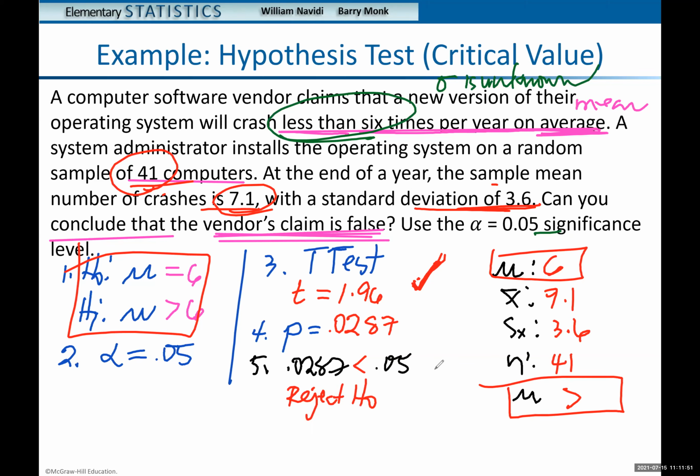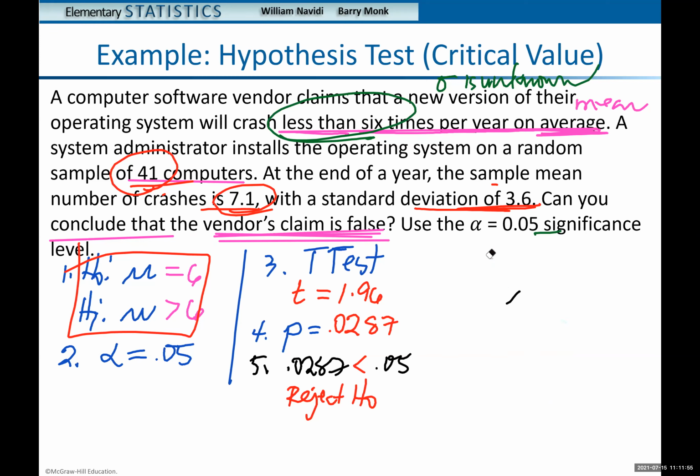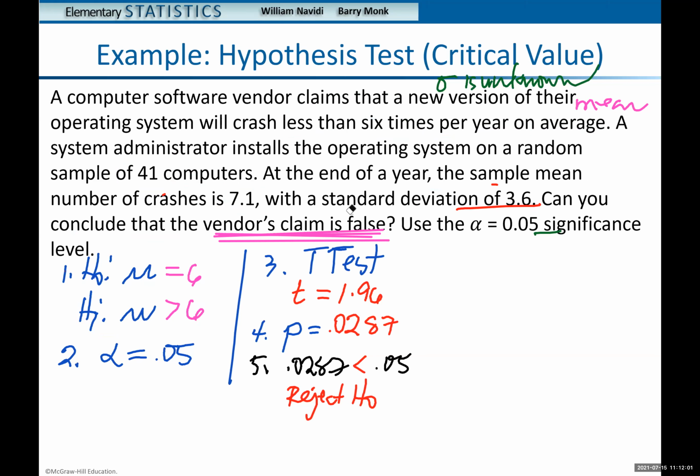Very good. And now, what is our conclusion?